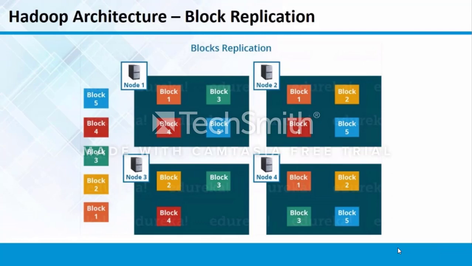So I'm going to ask you one question here. Apart from replicas getting created, what is one common thing that you can see in this particular diagram? We can see that they are creating a replication of 3. Every block, as you can see, has been replicated thrice. That means Hadoop follows a default replication factor of 3.